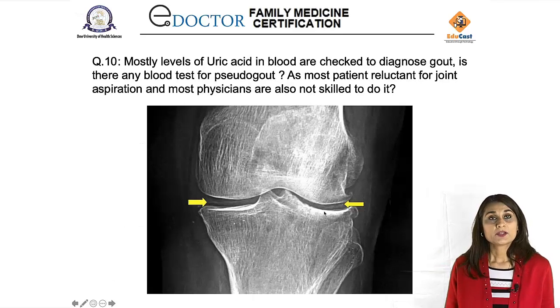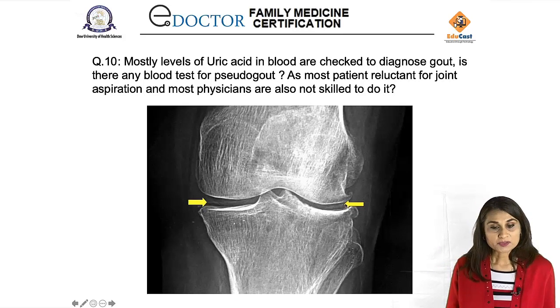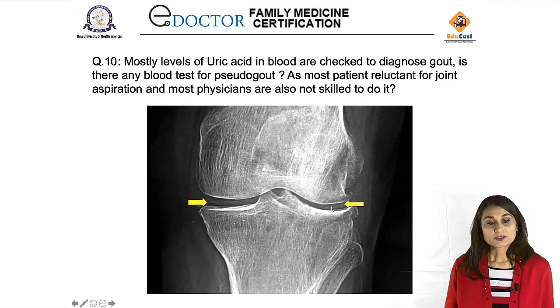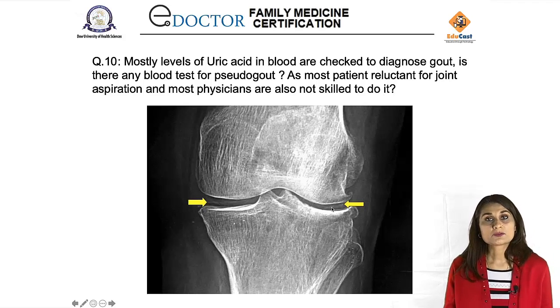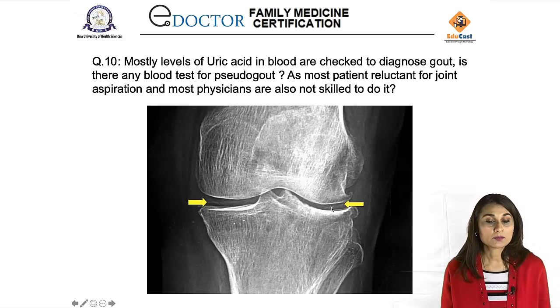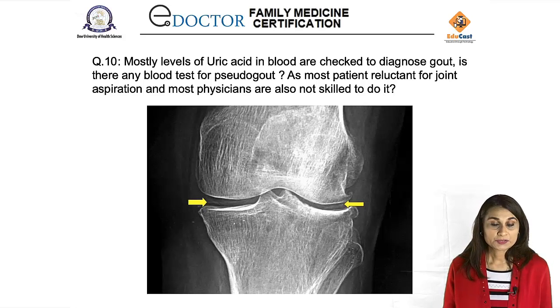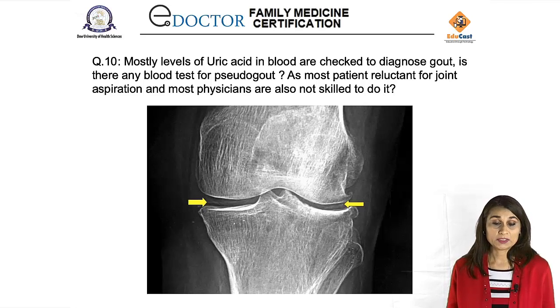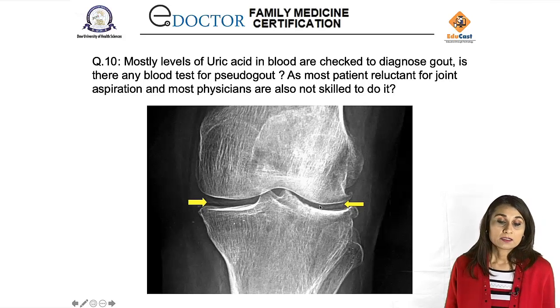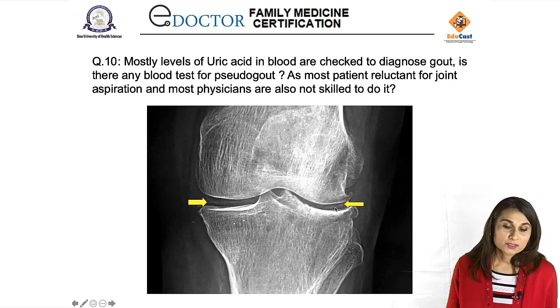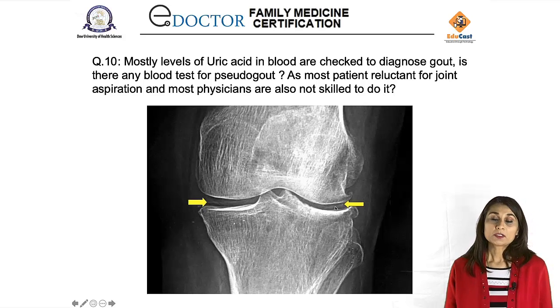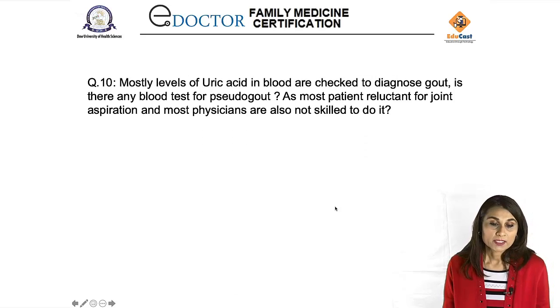Like in this x-ray, you are going to see these depositions over here, the line I'm showing. These are the crystals that are being deposited. So you cannot diagnose pseudo-gout on the basis of blood level, and there is no blood test. You can offer the patient an x-ray. Based on the x-ray, you are going to see calcium pyrophosphate crystal deposition, and that will be your diagnosis for pseudo-gout.